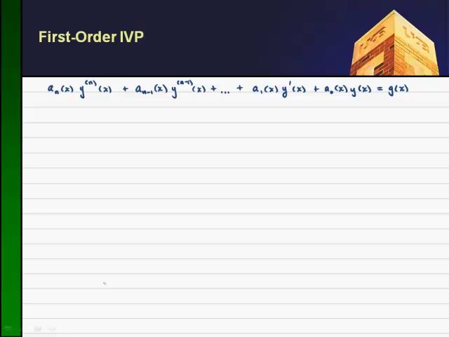So this would be the linear form, or by definition what a linear ODE would look like, provided that a n minus 1 all the way down to a1 and a naught and g are all functions of x. They can only be functions of x, not y.